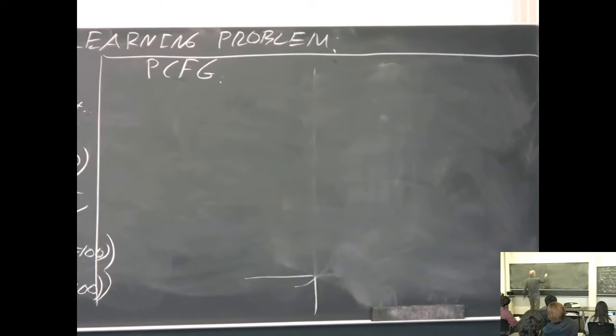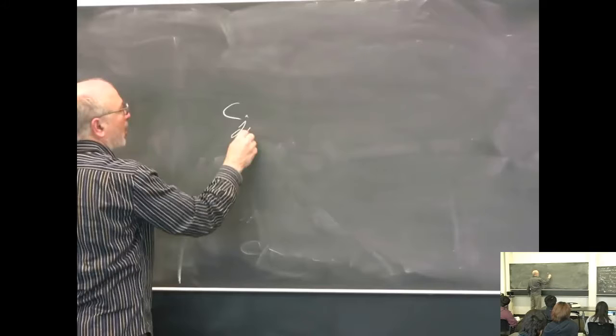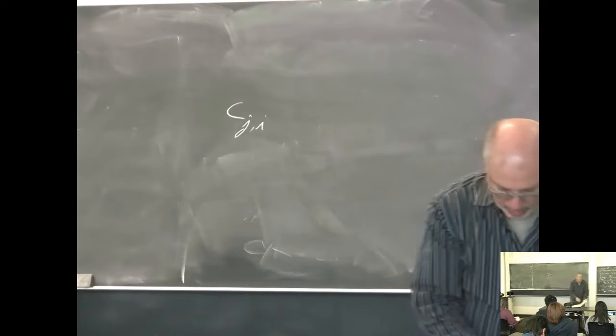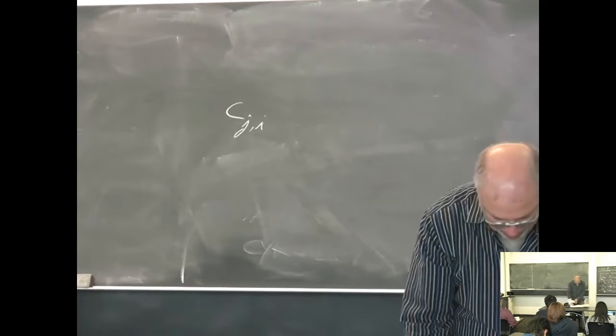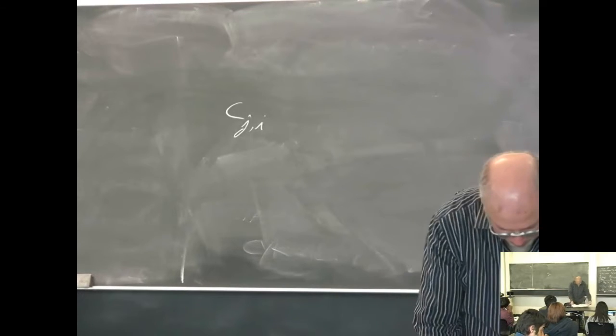So that would be a count, in document J, of word I. You can put it in a big matrix. Word would be the first index, and therefore it would be the column.